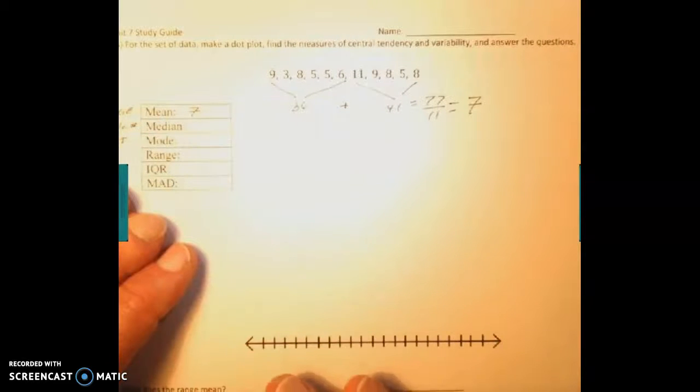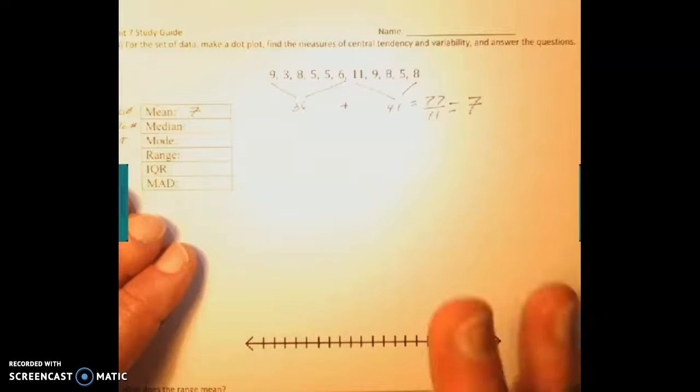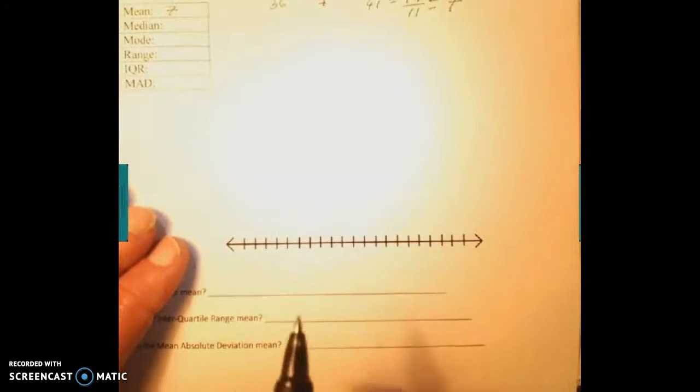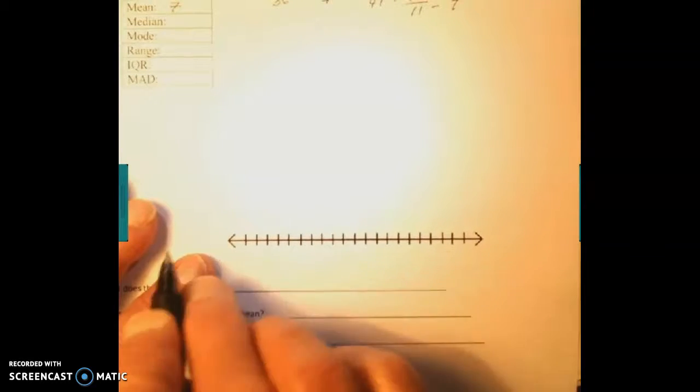To do the rest of these, I would urge you to, at this point, do the line plot, the dot plot, to get your numbers in order. We've got plenty of spots here.